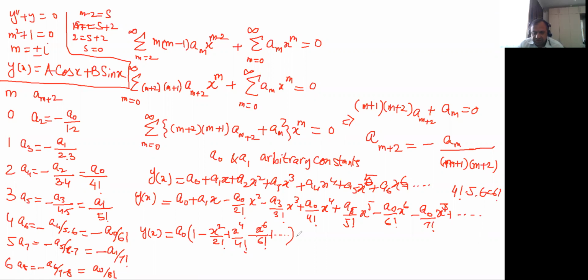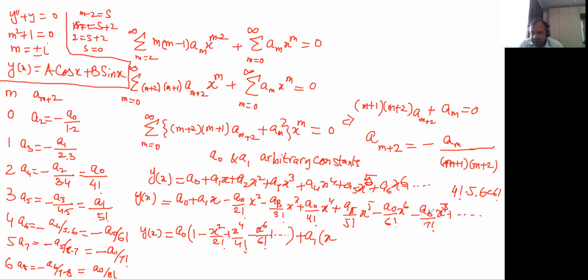And then if I take a1 as common, plus a1 into x. So we have all answers in terms of a naught and a1.